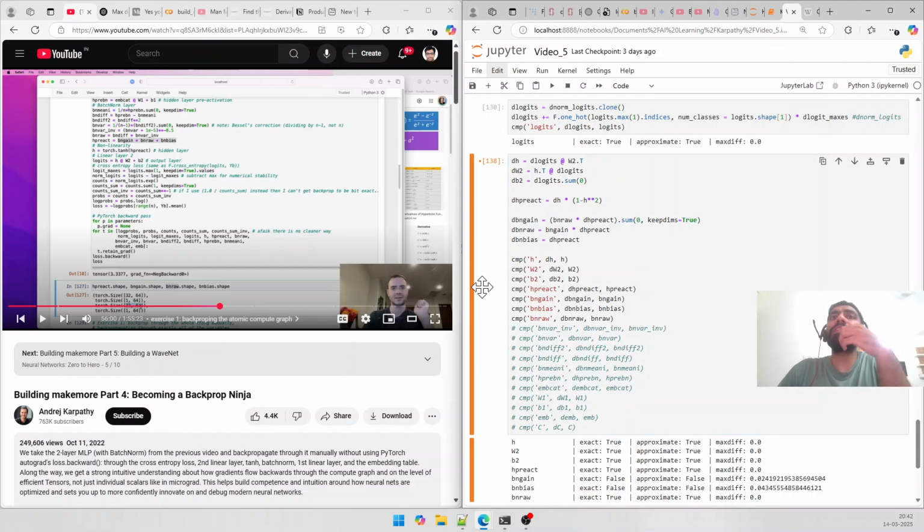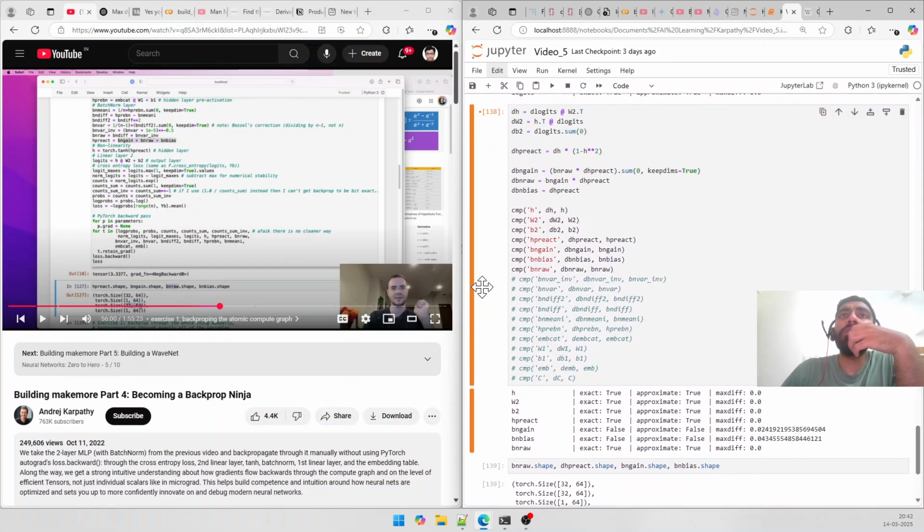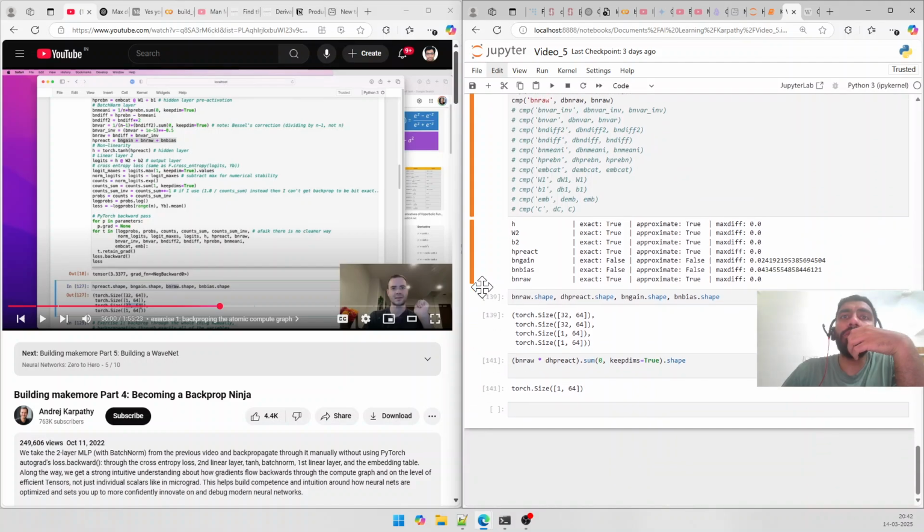Now the other one, right? bn raw we want to calculate, and there will be multiplication between these two. One is 32 cross 64, the other is 1 cross 64.